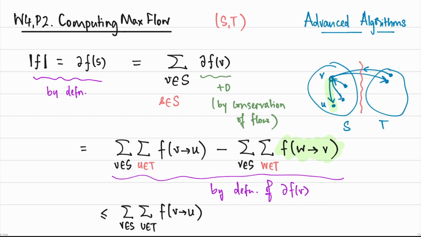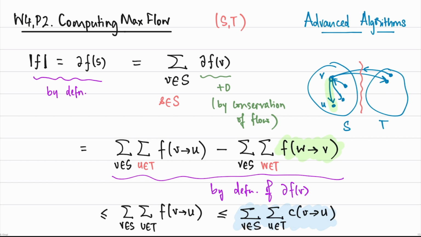So now what can we say about this expression? Let's bring in the capacity constraints to realize that this is upper bounded by the capacities of the respective edges, because we're talking about feasible flows here. So let's rewrite this, but now in terms of capacities. This should strike you as a familiar expression, because this is exactly the capacity of this cut.